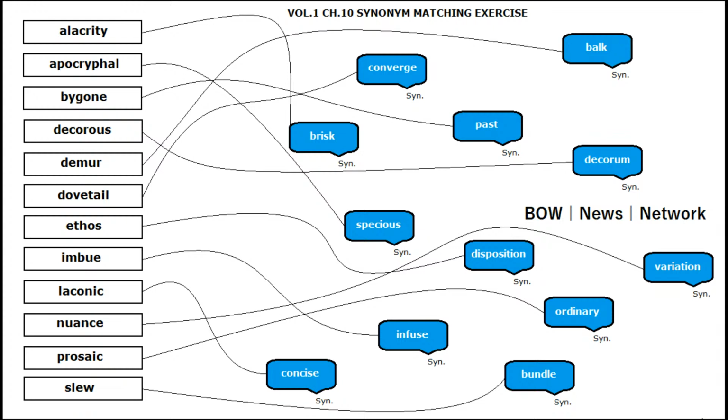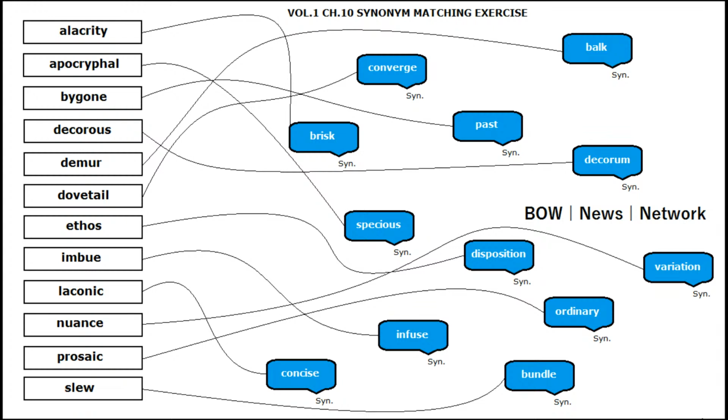Imbue, as it sounds from just stating the word, synonym: infuse. Laconic, another word for laconic would be concise. A lot of these synonyms may appear in the reading passages, and it will be good for you to know the correlation between the actual word itself, if the word appears, or its synonym.